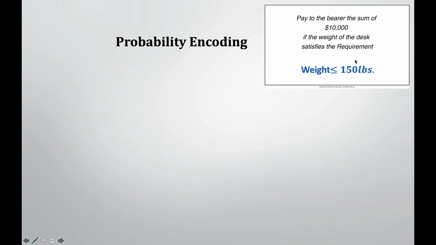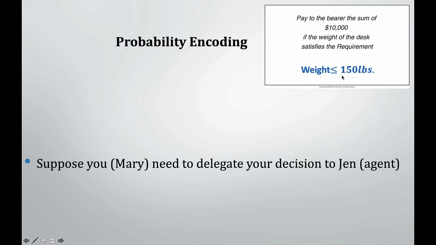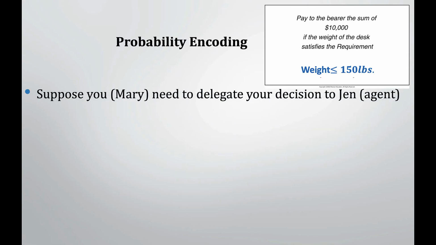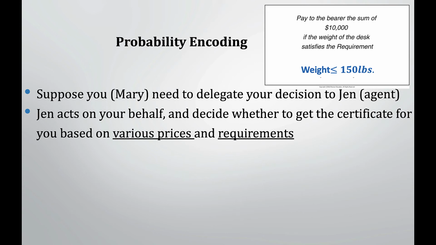Well, so far we have encoded your subjective probability for the requirement that the desk weighs below or equal to 150 pounds. Now, suppose for some reason you need to delegate your decision to Jen, who acts as your agent. And Jen acts on your behalf and decides whether to get the certificate for you or not, okay?